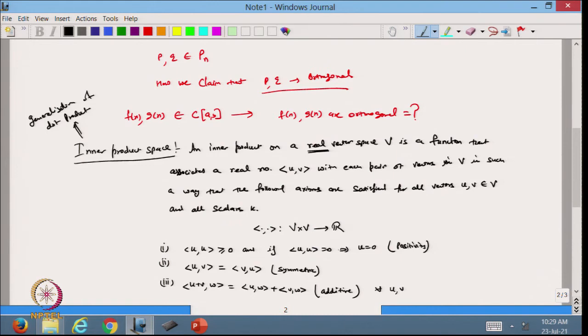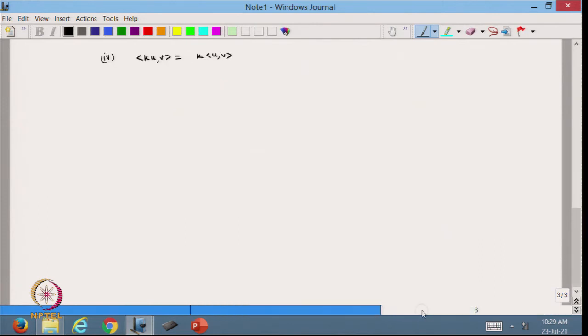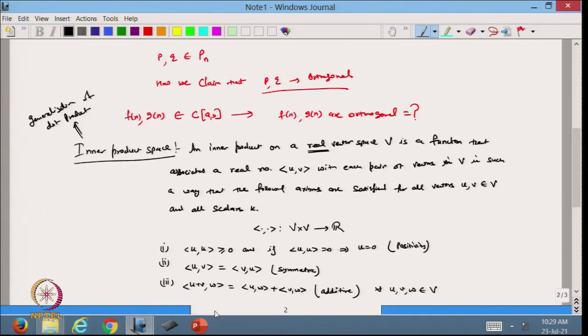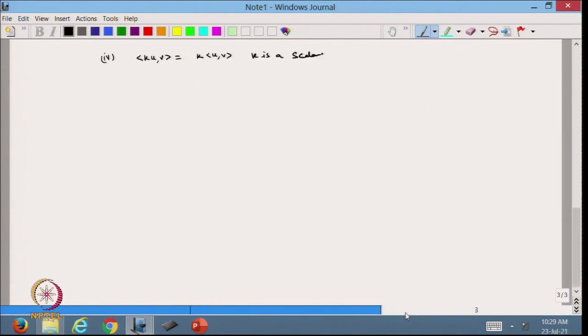This is true for all u, v and w belonging to the vector space V, and k is a scalar. So, if all these four properties are satisfied, then we say that whatever we are defining here is an inner product.